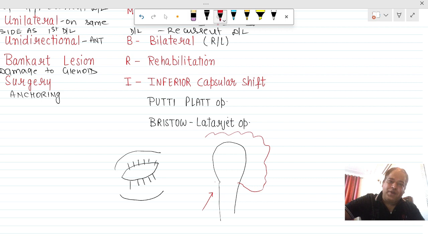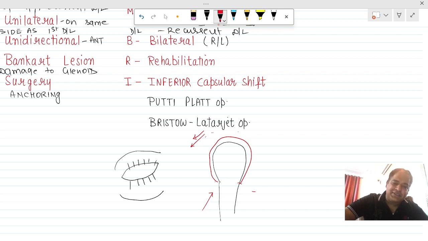Now what you will do is you will stretch this up. How? Like this. Let me just erase it up. You'll stretch the remaining capsule and the remaining capsule will now be tight. That is the surgery, inferior capsular shift.